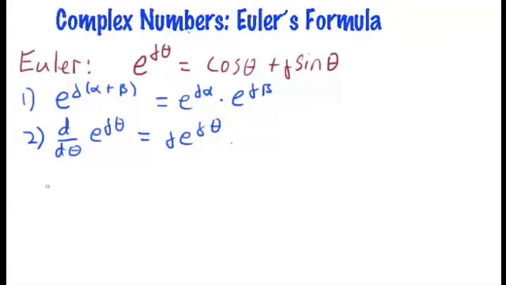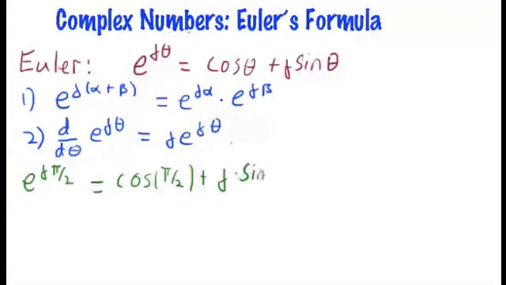Let's look at some very simple but important examples. Starting with e to the j pi over 2, we put pi over 2 in the right-hand side of Euler's formula, and we get cosine pi over 2 plus j times sine pi over 2.